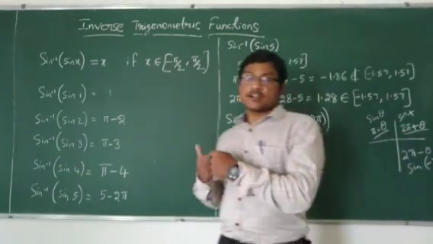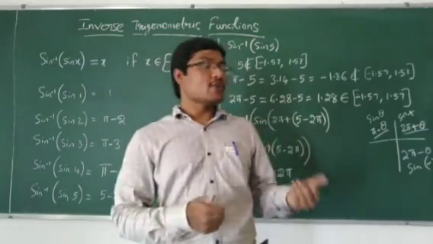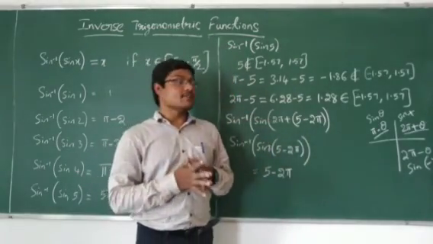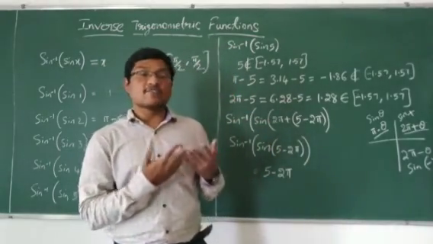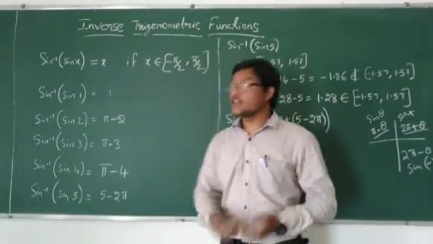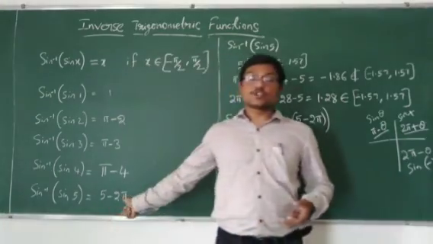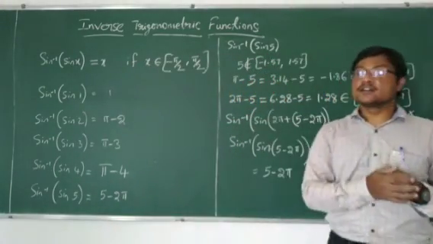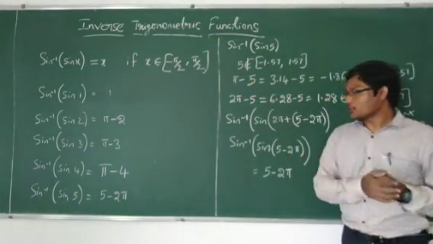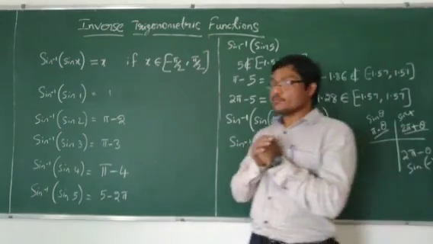These questions what I have done just now are there in your MTG book itself. Some questions are there in self-assessment, some questions are there in this question, sine inverse of sine 5. This question is there in assertion and reasoning. You can go through that book also.